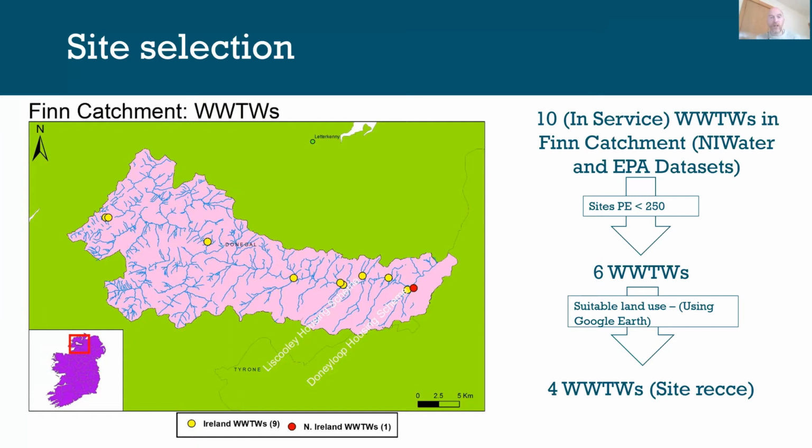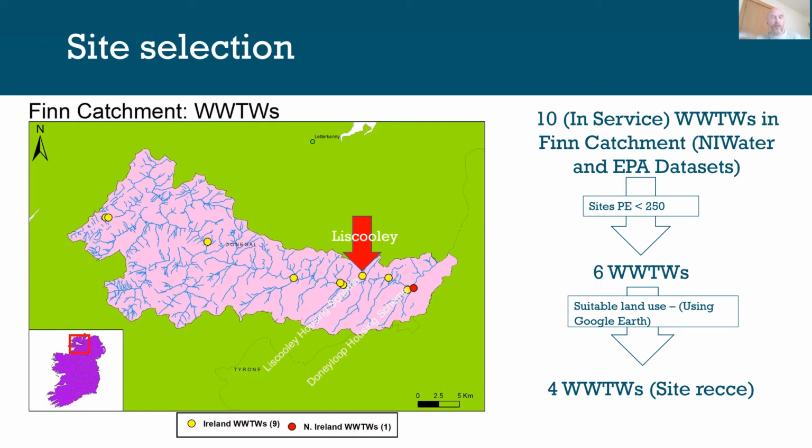So I conducted a site recce at 4 of these sites. And of these 4, we identified 2 sites, the Liscooley housing scheme and Dunnyloop housing scheme, that were potentially suitable for our project. But we had difficulty in securing interested landowners at the Dunnyloop housing scheme.